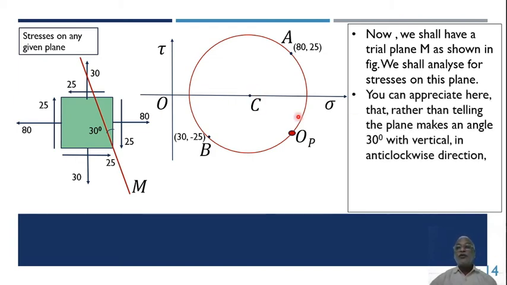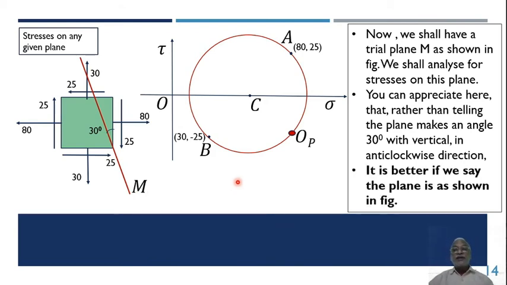Okay, so you can appreciate here that rather than telling the plane makes an angle of 30 degrees with vertical in anti-clockwise direction, how do you define that? That plane makes an angle of 30 degrees with respect to vertical in anti-clockwise direction. So all these things have to be mentioned so that you can clearly communicate what plane you are talking about.